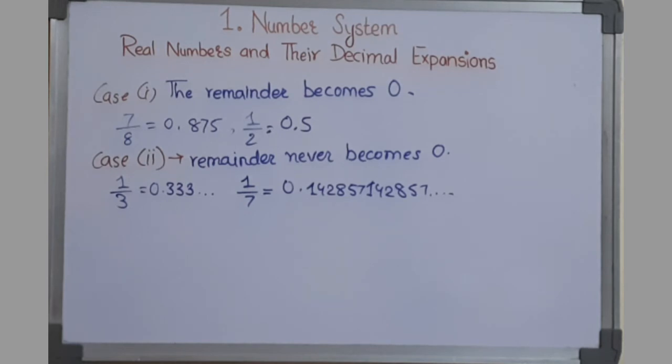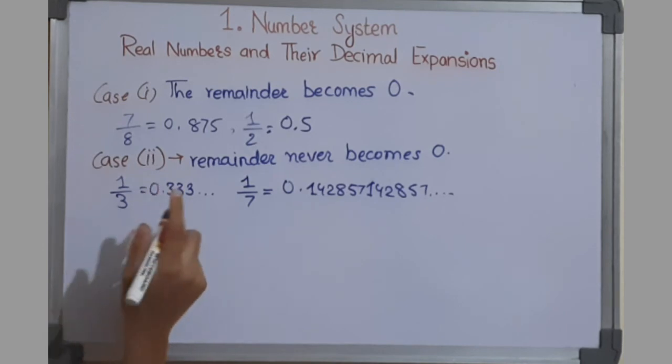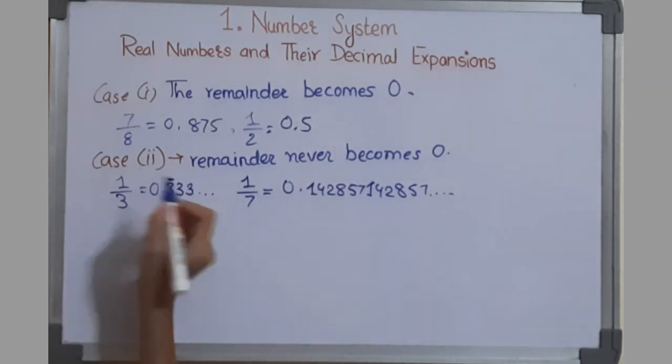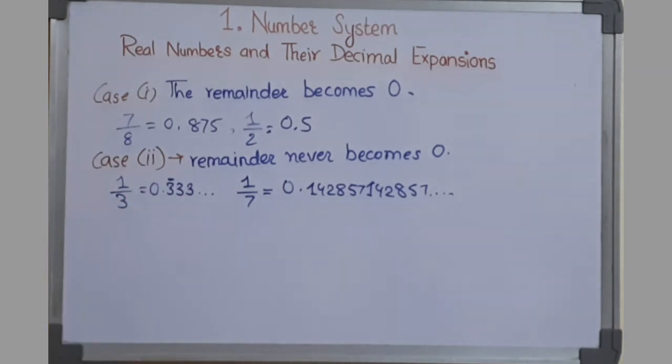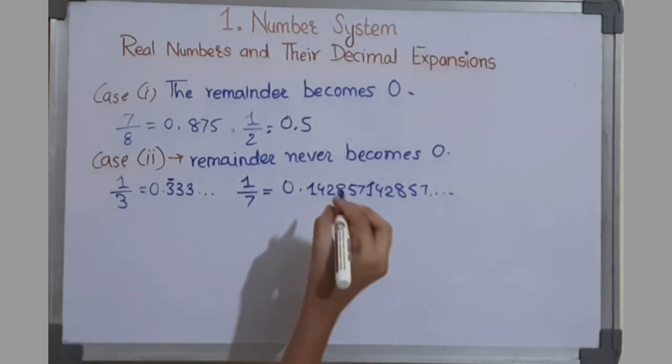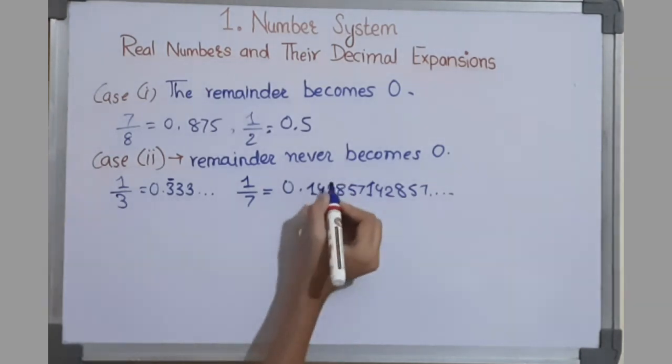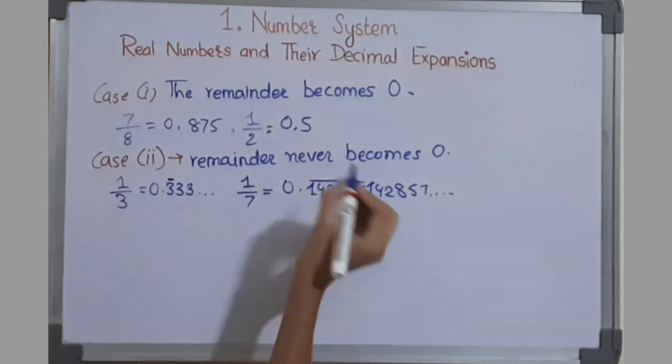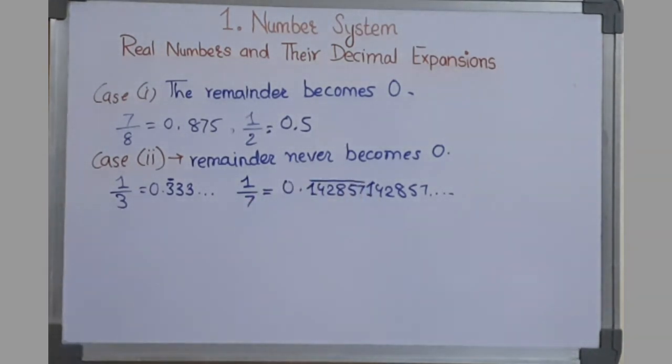The usual way of showing that 3 is repeating in the quotient is to put a bar on this 3. It means that the 3 is repeating continuously. And here we see 142857. This block is repeating, so we'll put a bar on it. It indicates that this is repeating. So all of these examples give us non-terminating recurring decimal expansions.